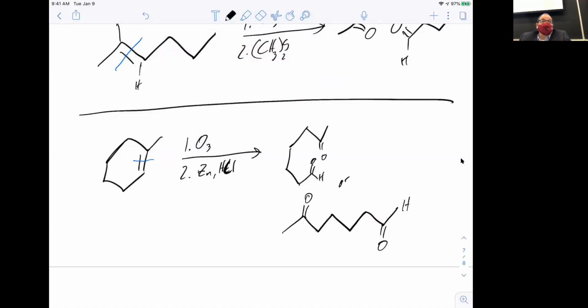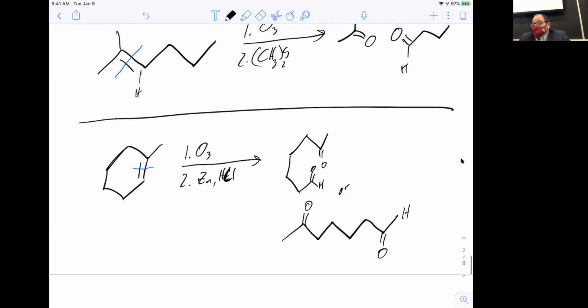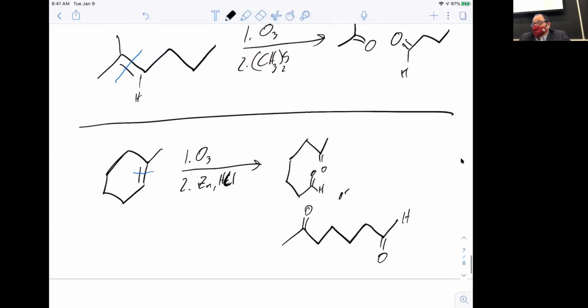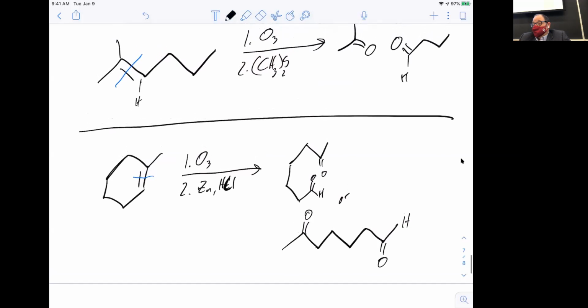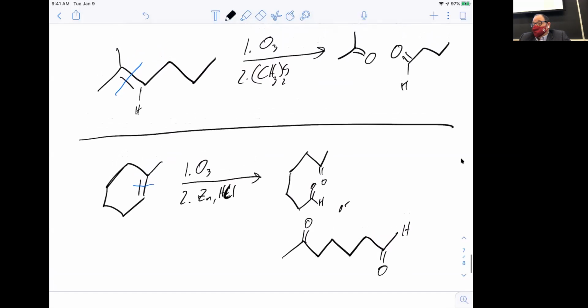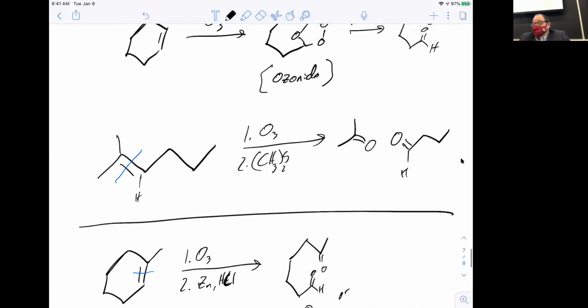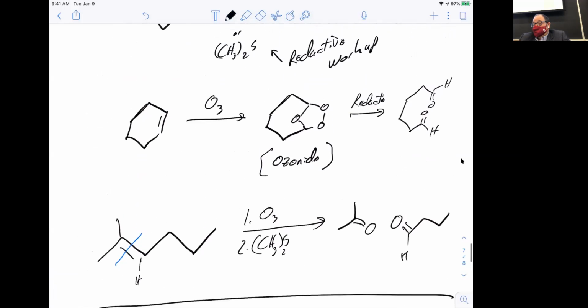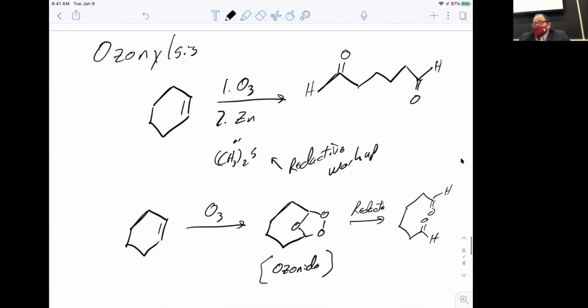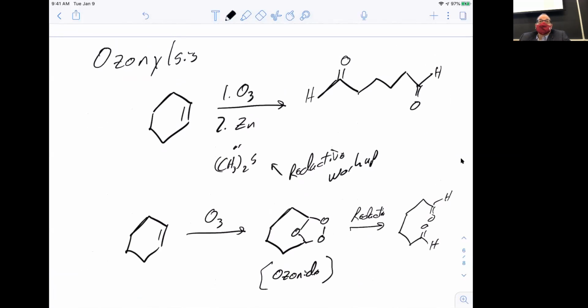This is where students usually make a mistake. I'll take a 6-member ring and you'll do the ozonolysis, and the carbonyls will only be 5 carbons away, right? Okay, questions about this?